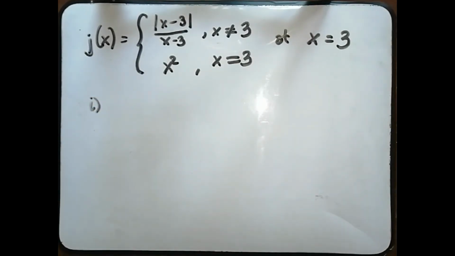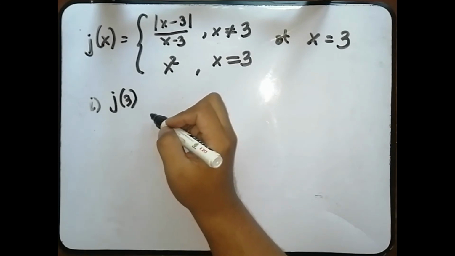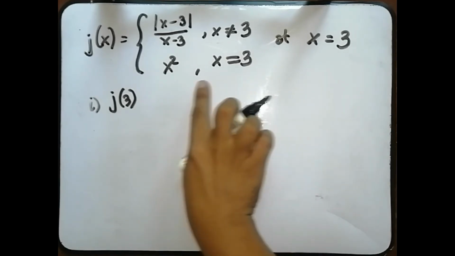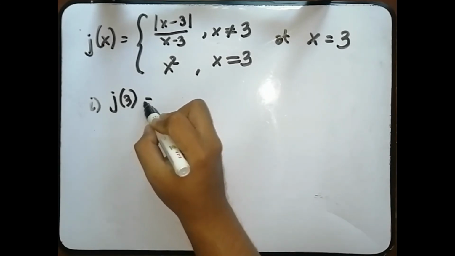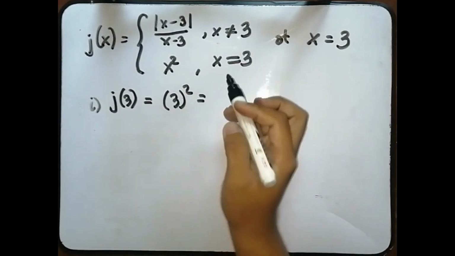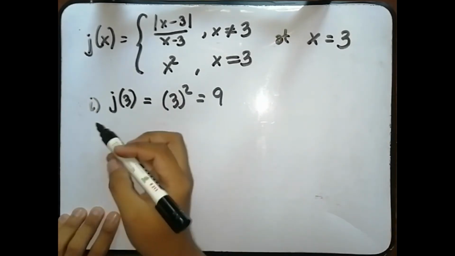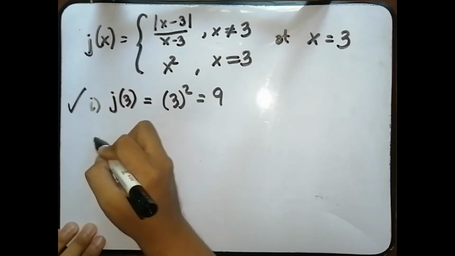First criterion, j of 3 must be defined, and that is equal to 3 squared, or that is equal to 9. Next is, so check tayo dyan.